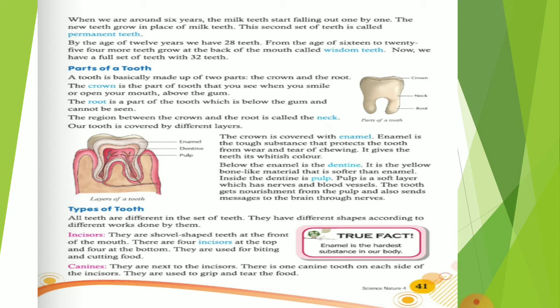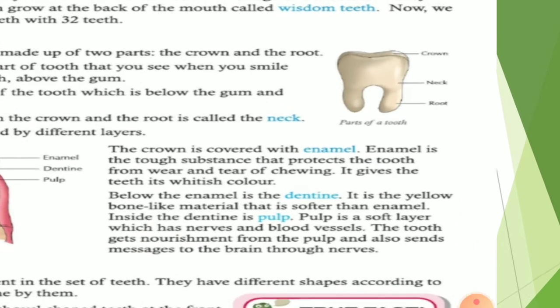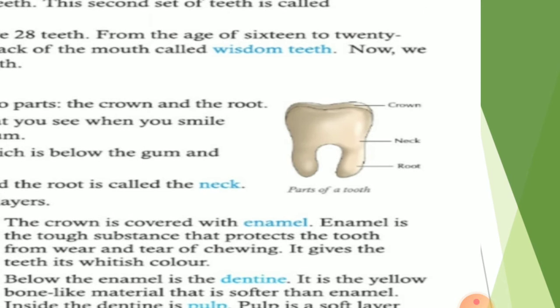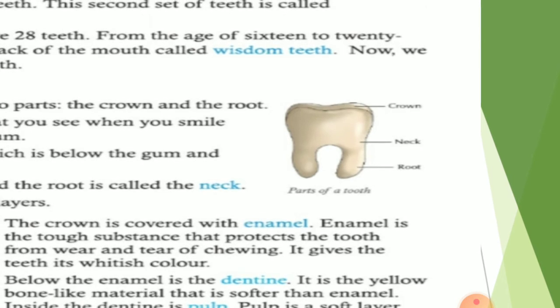From the outer side we can see that there are three parts of a tooth: the crown, the neck and the root. The crown is the uppermost layer of a tooth, which is white in color, and when you smile or open your mouth, the portion of a tooth that we can see is the crown.